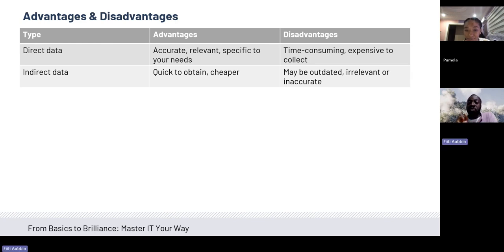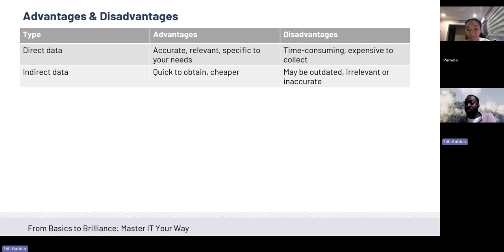But it's time consuming and expensive to collect because you need to travel, speak to people, interview, design a questionnaire, and sit down because you need the data for a specific reason. It's time consuming to meet people one-on-one and explain the questions to them so that you can get the answers you need for your report. But indirect data is quick to obtain and cheaper.